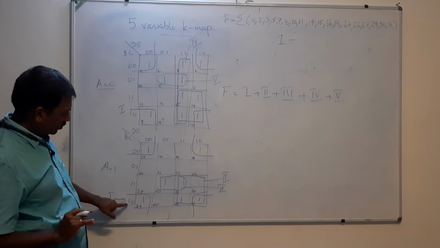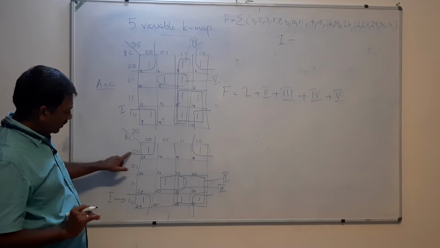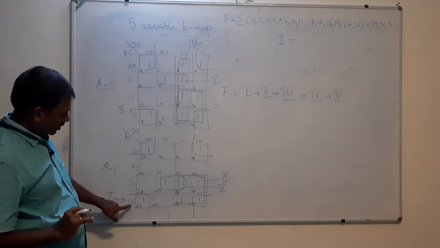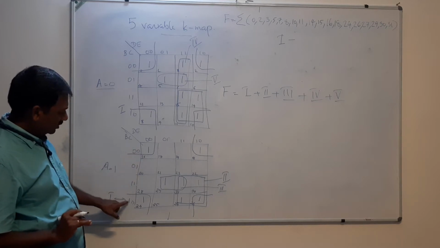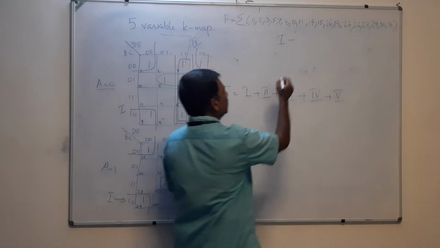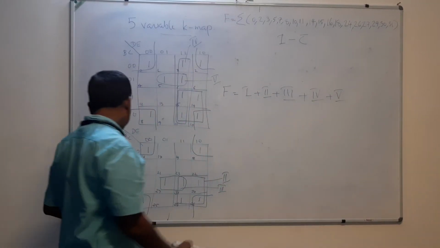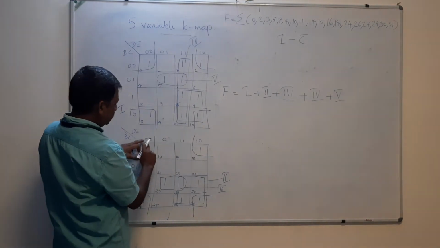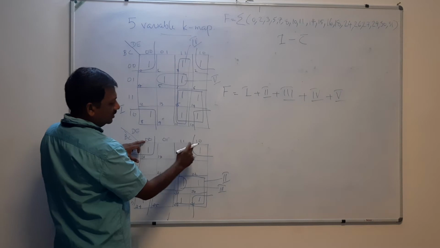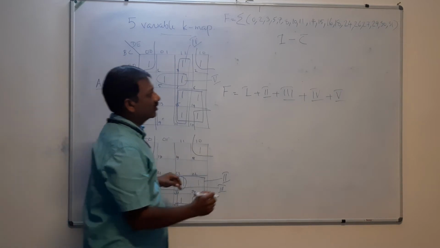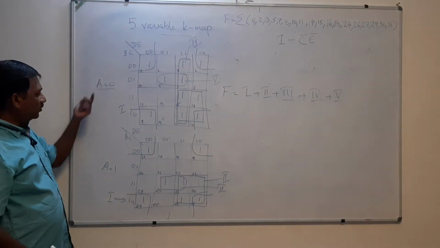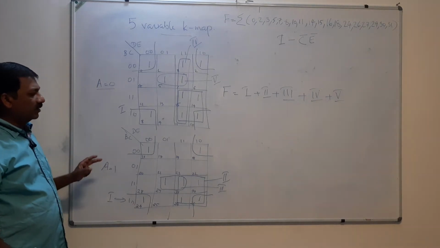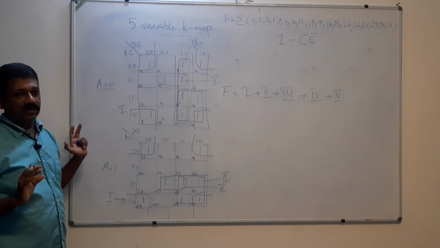That means B goes, and what remains is C bar. Here it is B bar, C bar, and this is B, C bar, so what remains is C bar. And if you combine these two, this is D bar, E bar, and this is D, E bar. What remains is E bar. This pattern is the same for both A equal to 0 and A equal to 1, so A will also go. What remains is C bar, E bar.